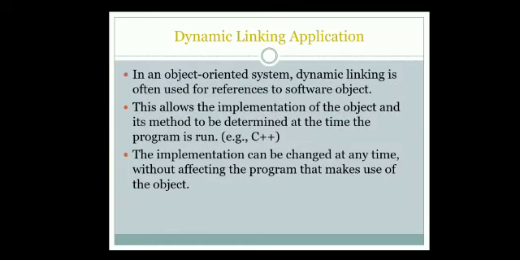In an object-oriented system, dynamic linking is often used for references to software objects, where the implementation of the object and the method is determined at the time the program is run. The implementation can be changed at any time without affecting the program.